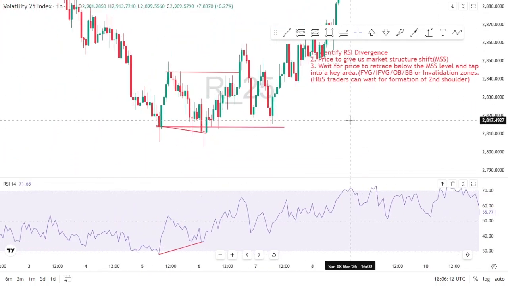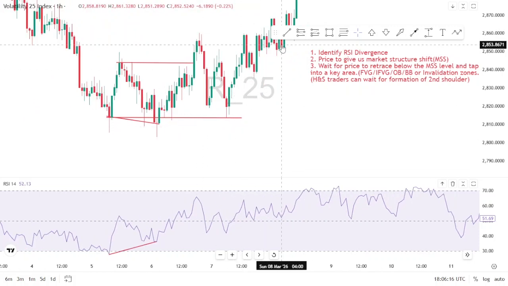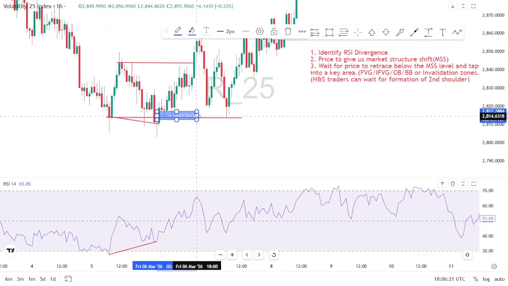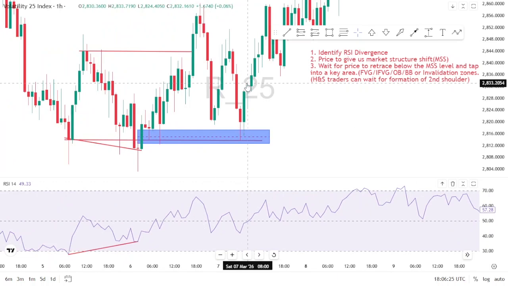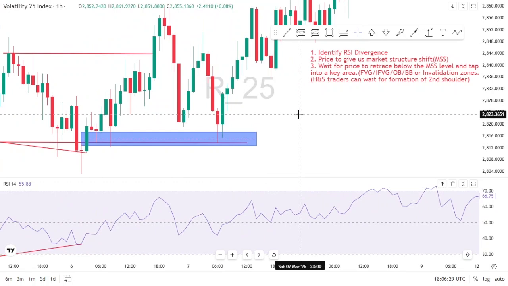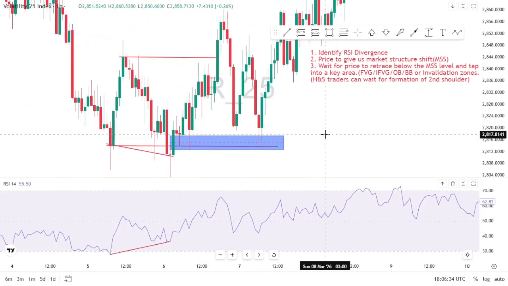The next thing we want to see is, you see now price has reacted off an area of value like this with a bullish engulfing candle. So this bullish engulfing candle again is giving us the idea that price is going to reverse from this level.